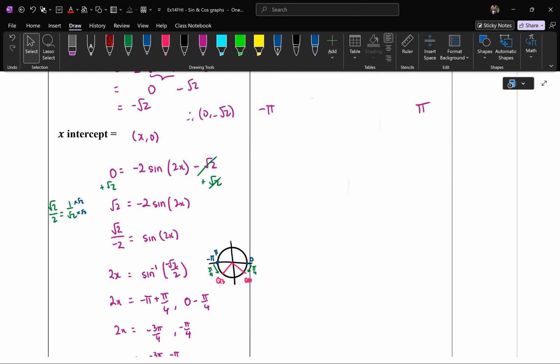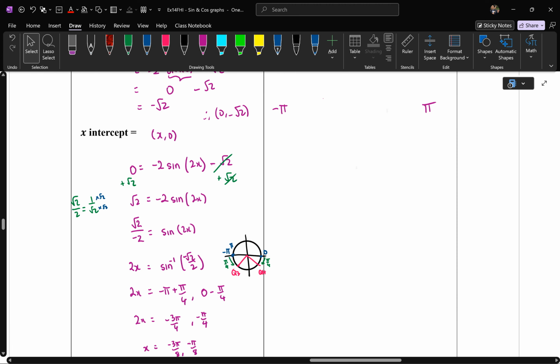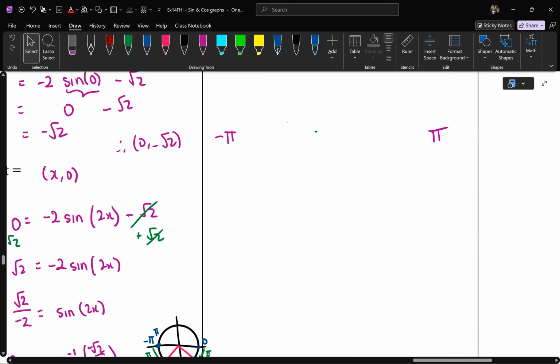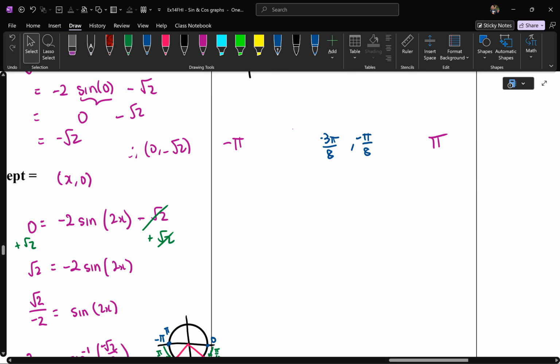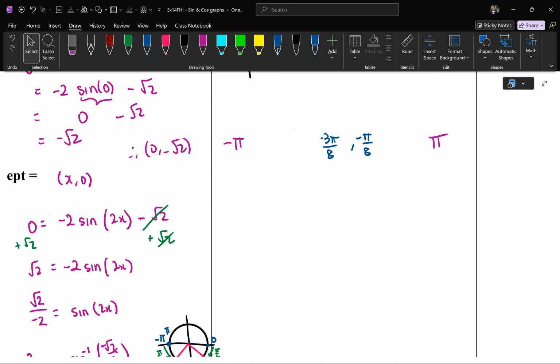Currently, you have negative 3 pi on 8 and negative pi on 8. You want to know if you rotated in the positive direction, if you rotate another revolution, are the solutions still in the circle? Or if you rotated backwards, going clockwise in the other direction, will you get another 2 solutions that are in the domain?